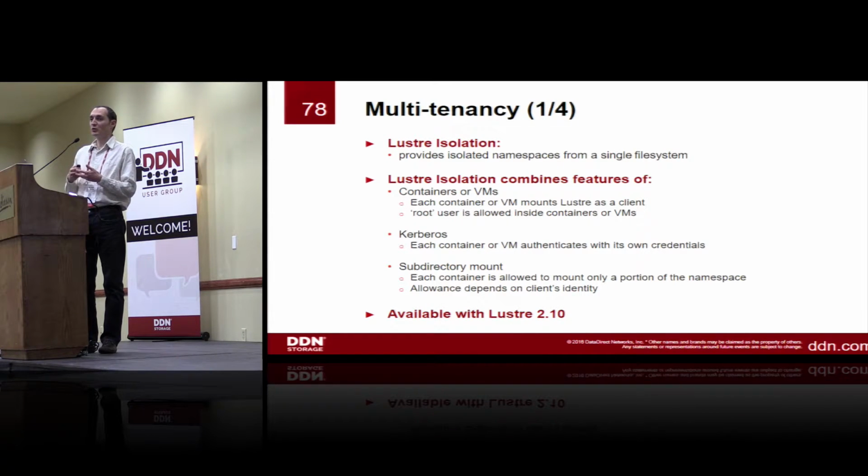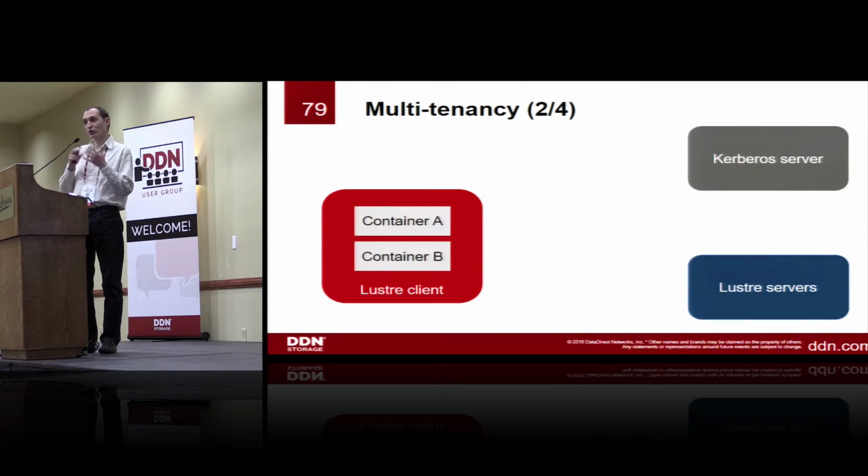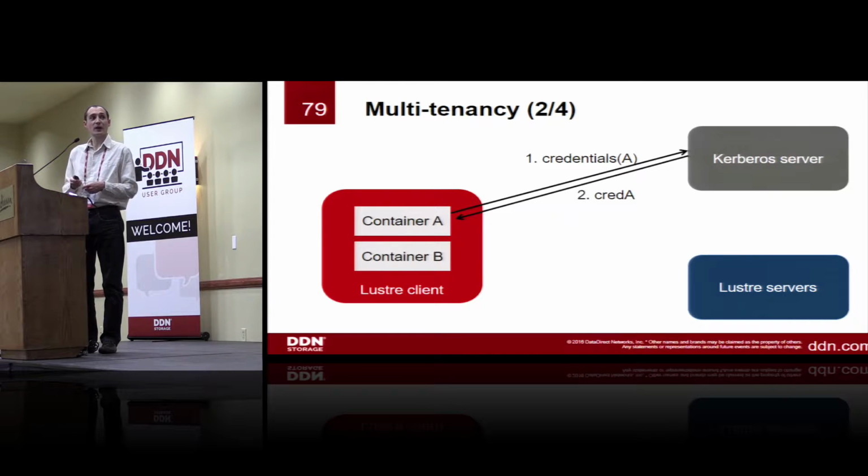Then we use Kerberos in order to authenticate the Lustre clients that are mounting from containers or VMs, and we use subdirectory mount so that, depending on the Lustre client's identity, the client will only be presented a portion, a subdirectory, of the Lustre file system, and will not see the rest of the Lustre file system. This feature will be available with the Lustre 2.10 community version.